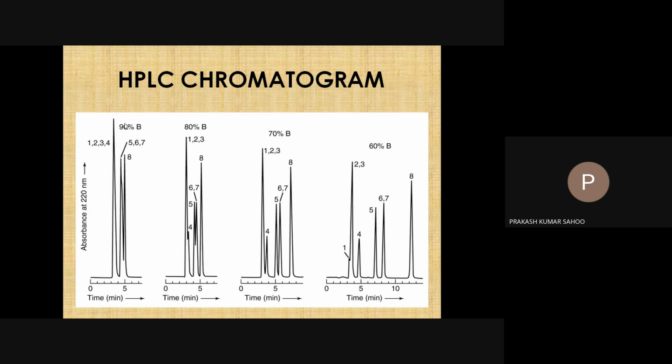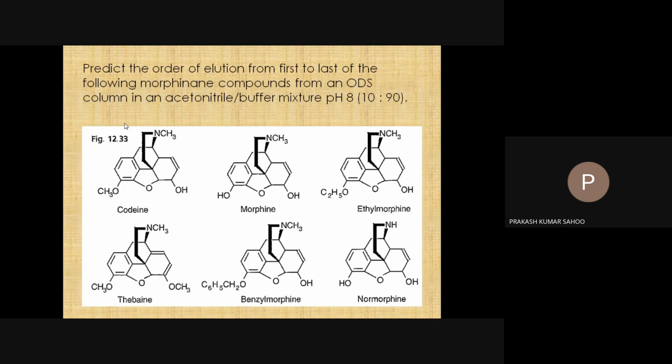So these graphs of some samples are highlighted here. Then the samples highlighted are codeine, morphine, ethyl morphine, heparin, benzyl morphine, normorphine. So these things are characterized with HPLC.